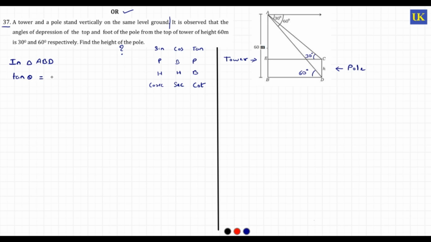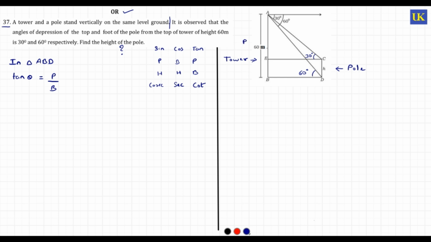The formula is perpendicular divided by base. So tan theta is perpendicular divided by base. Why I'm taking perpendicular divided by base is because, if this is the theta, then the side opposite to this will become the perpendicular.